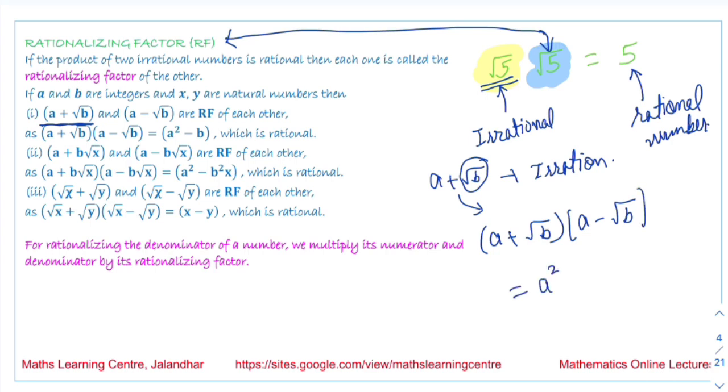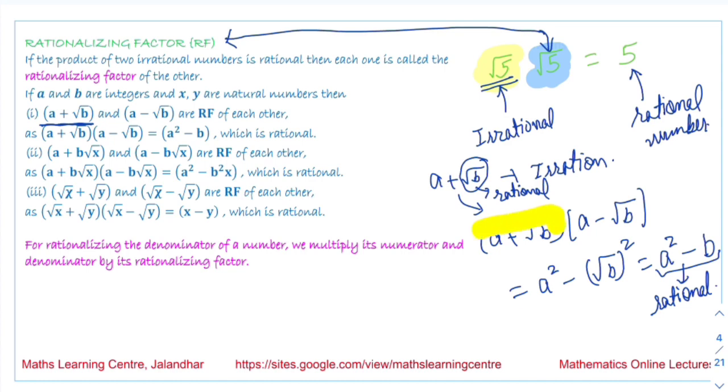The answer I will get is a squared minus square root of b squared, that is equal to a squared minus b. b is a rational number, so this whole number will be rational. So the given number is a plus square root b, and its rationalizing factor is a minus square root b. And if the number given is a minus square root b, its rationalizing factor is a plus square root b.